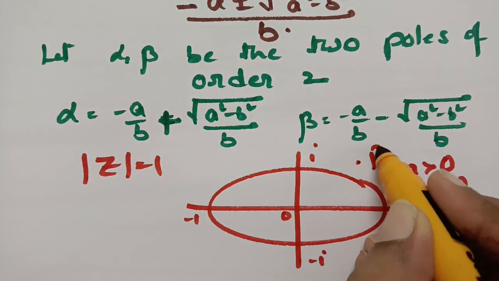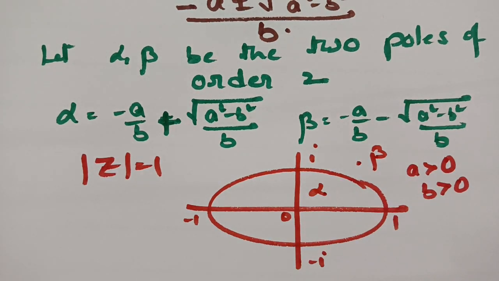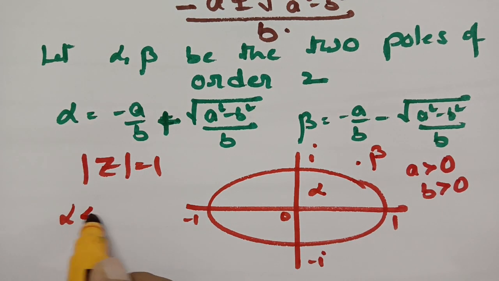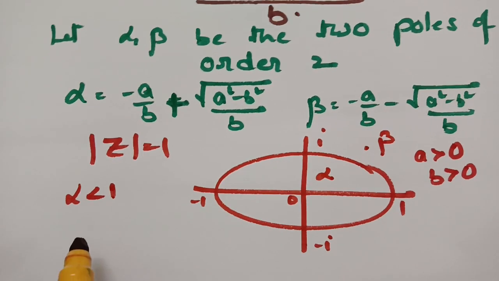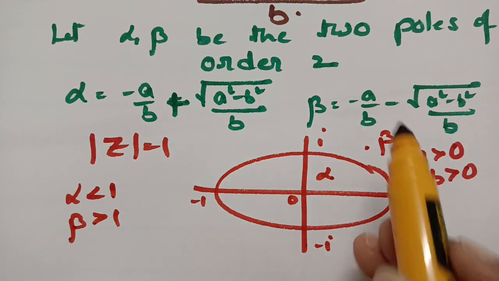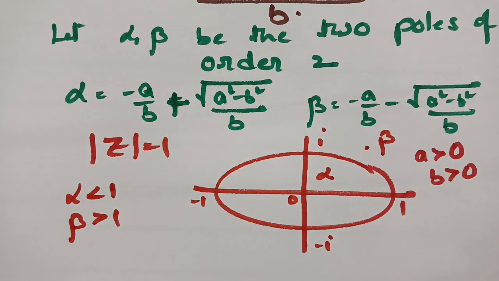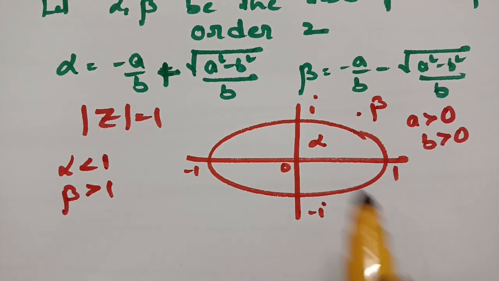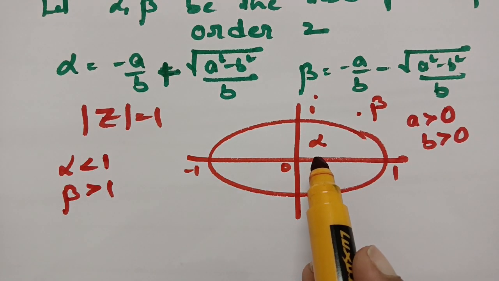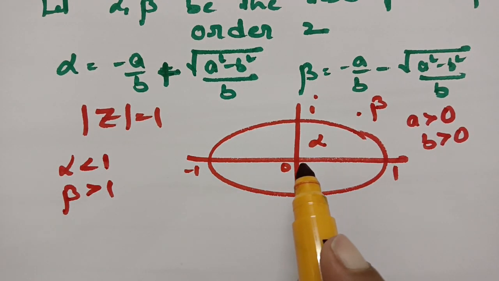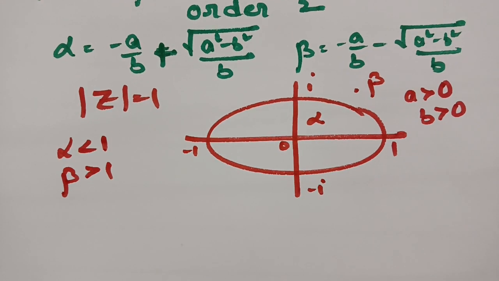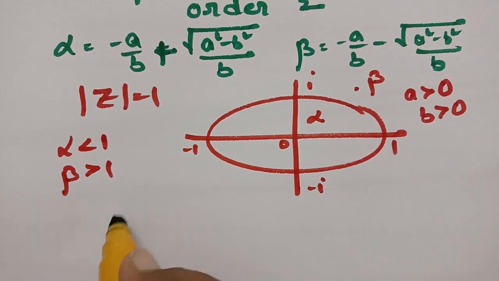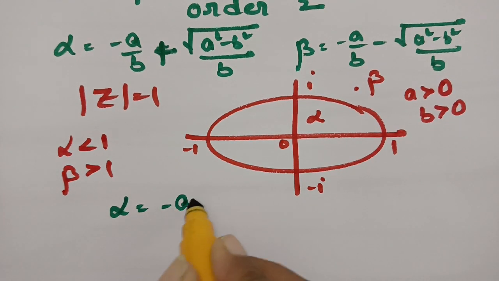So beta will be outside and alpha will be inside the given circle, as alpha is less than 1 in magnitude, and beta is greater than 1 in magnitude, as they are both negative. So we have to add up this one and there is a subtraction here, and therefore alpha is the only interior pole. For the interior pole we have to find the residue. So for finding the residue, first of all I am bringing the alpha value. So alpha is the only interior pole.